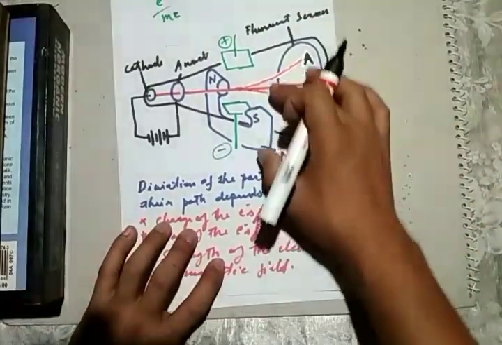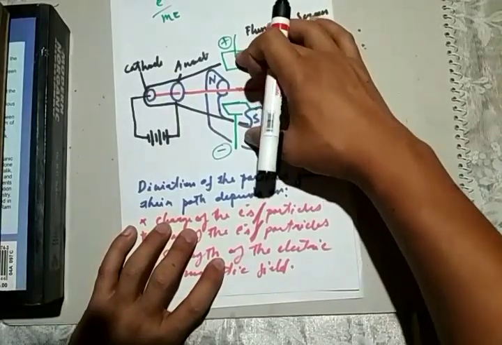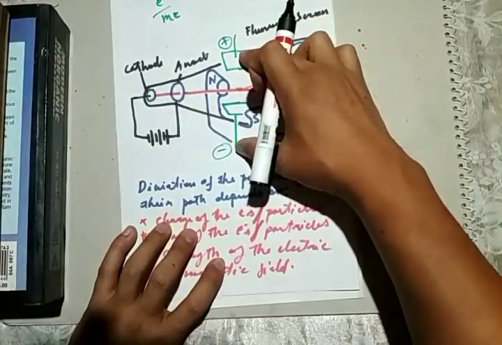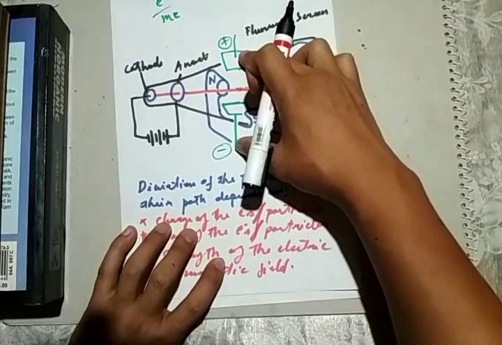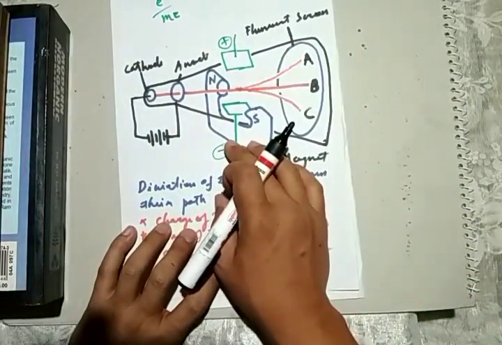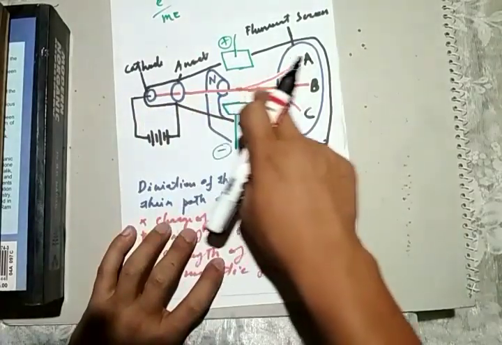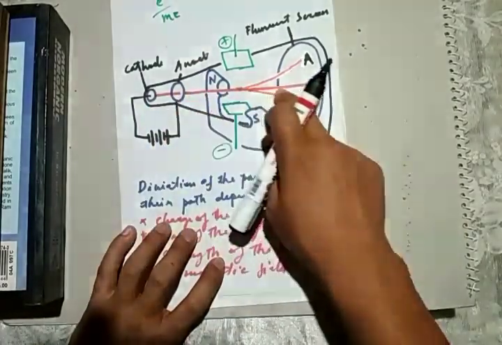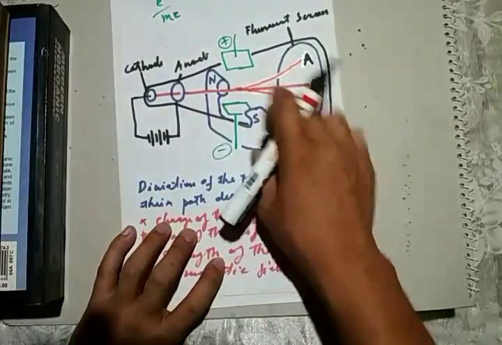So by carefully balancing this magnetic and electric field strength, he was able to bring the electron to its original path. That means a straight path or a straight line.